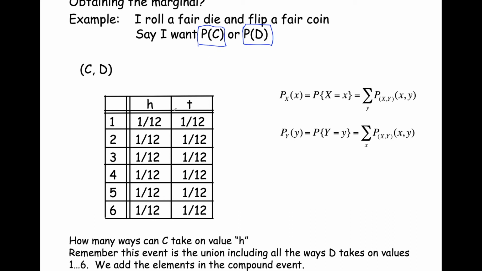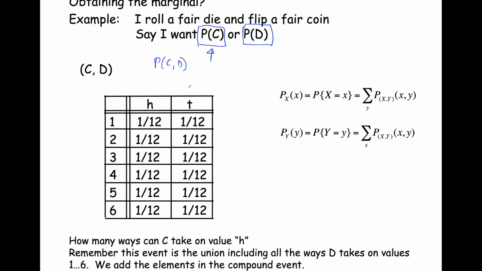If we want to compute this one-way probability instead of this two-way probability, C comma D, we can actually calculate this one-way probability of C, the coin flip outcome, given this joint probability. And that procedure we follow, we call marginalization. And we're going to demonstrate how we do that marginalization.